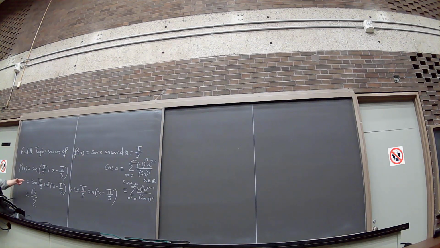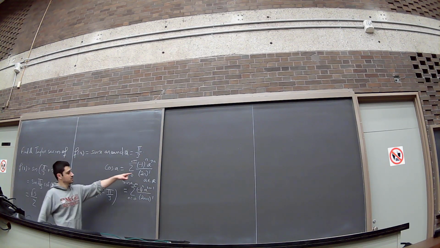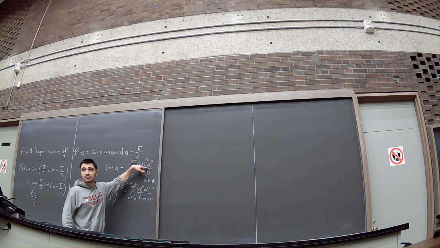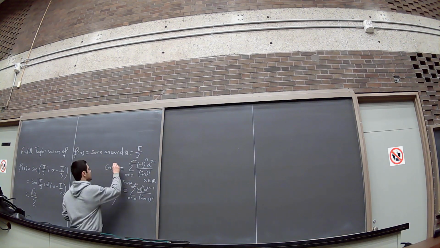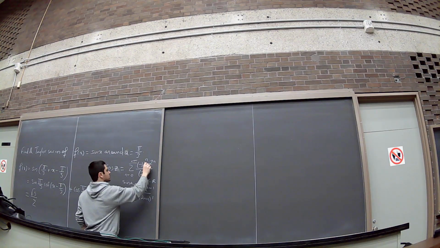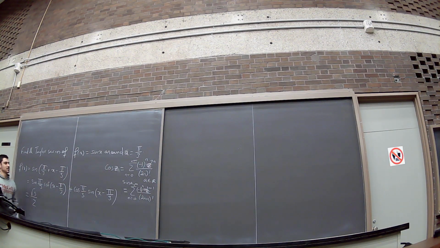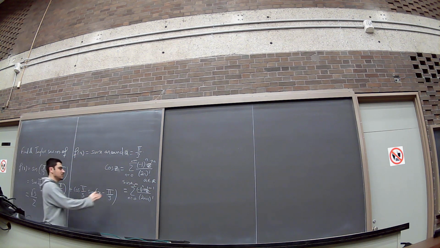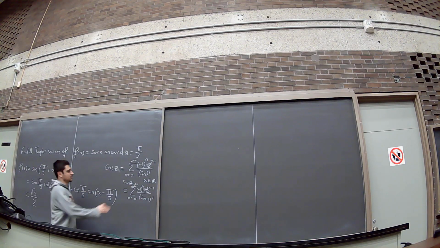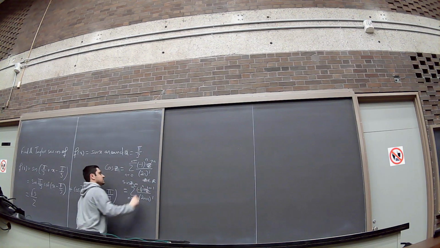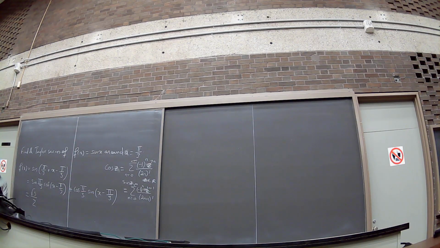Now if I replace my A by x minus pi over 3, I get a series around pi over 3, right? Well, I think A is bad here. Let's say Z. Anyways, so what is the cosine of x minus pi over 3?